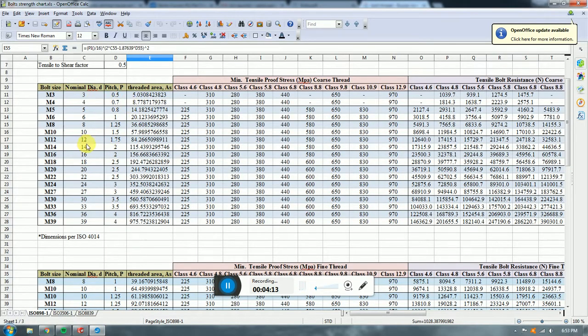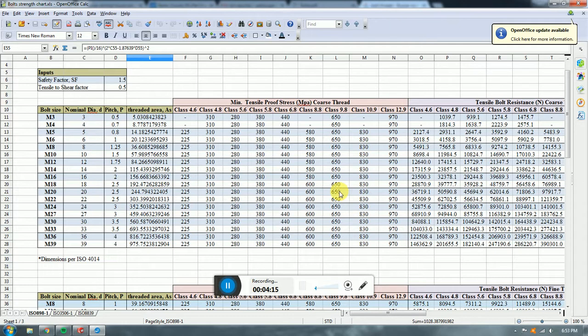And then you're going to have two types of pitch. What they typically call, at least here, coarse thread and fine thread. Coarse thread is the regular, normal thread, and then you have a fine thread because some bolts have a higher number of threads, or a smaller pitch, for the same nominal diameter.